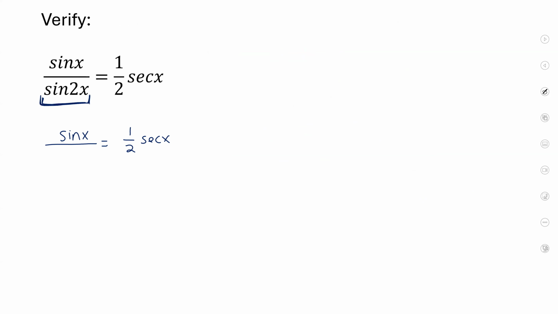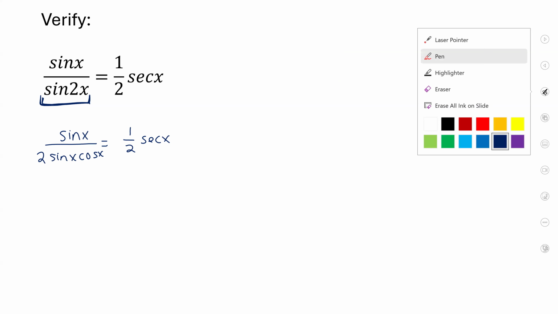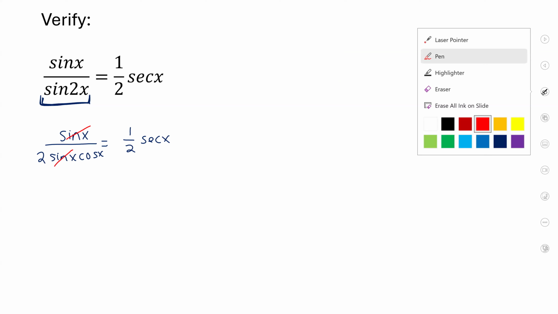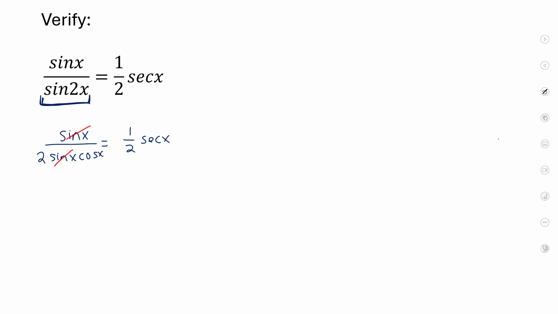What can I replace that with? Exactly. That's my identity. Do you guys see what cancels out? Yep, sine cancels with sine. So now I am left with 1 over 2 cosine x.